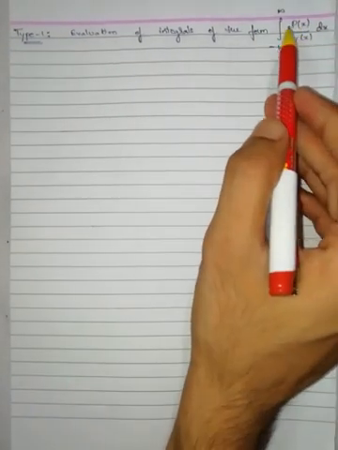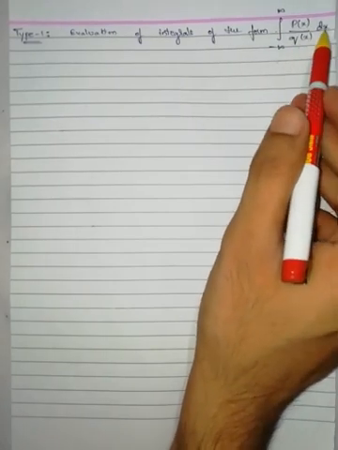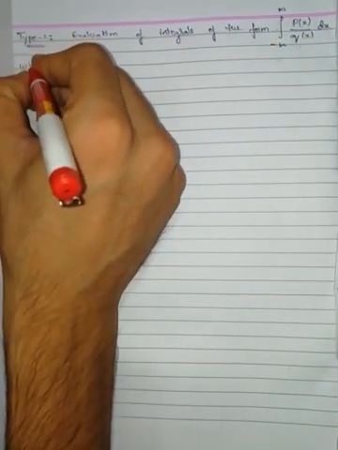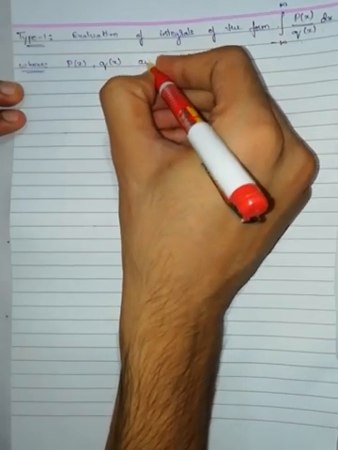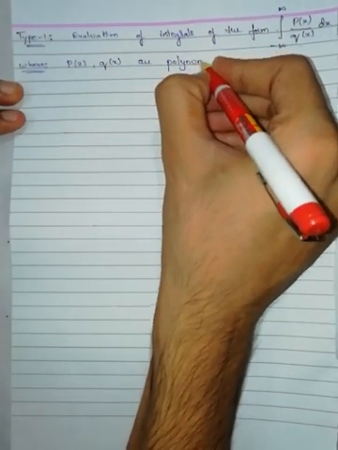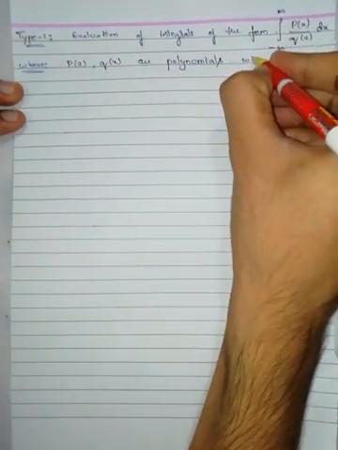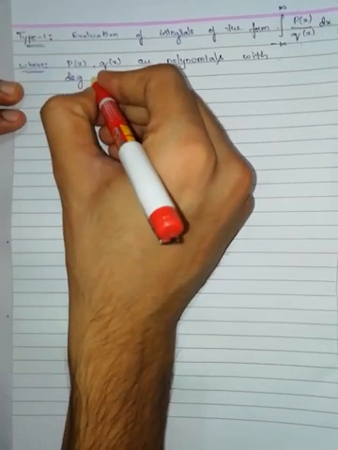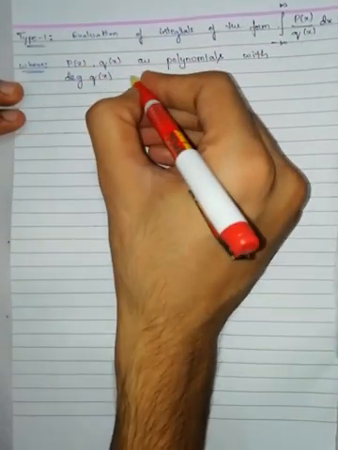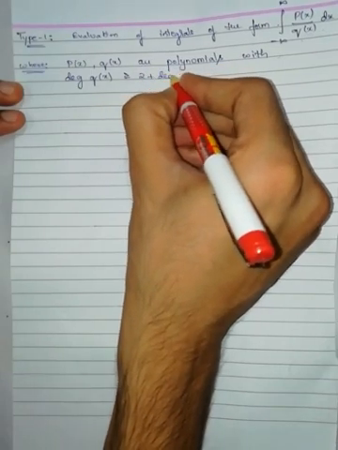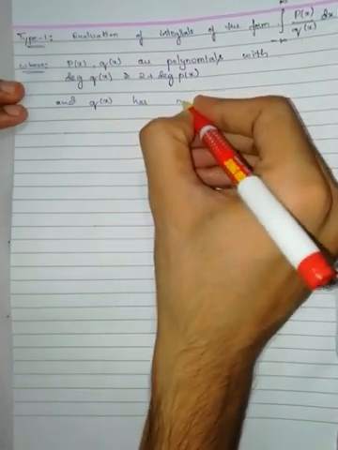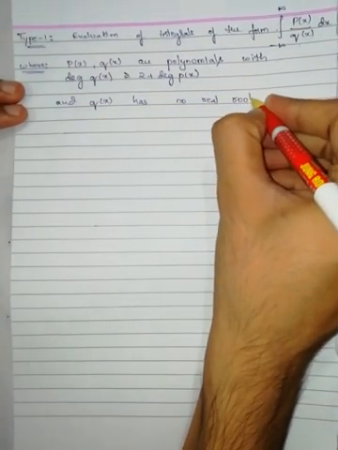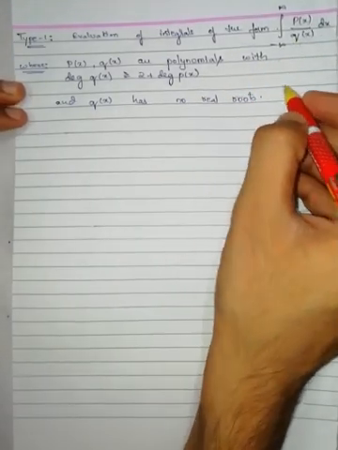Evaluation of integral of the form integration minus infinity to infinity p of x by q of x dx, where p of x comma q of x are polynomials with degree of q of x, the degree of the denominator polynomial, greater than or equal to 2 plus degree of p of x, and q of x has no real root, meaning no zero of q of x lies on the real axis.